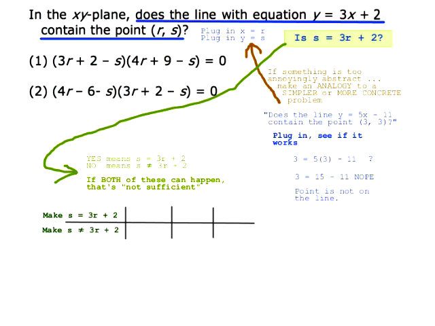Then you make columns for statement 1, statement 2, and, if you have to combine them, both. This is a super awesome way of organizing any yes/no style data sufficiency. We do a lot of these in the videos on yes/no data sufficiencies, so feel free to peruse the archive and check those out by all means. But if you get a check mark in any column, that's not sufficient.